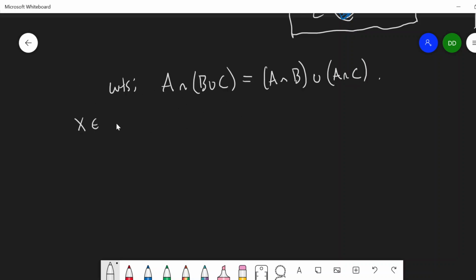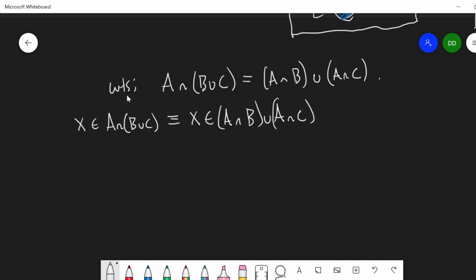I want to show that if X is in A intersect B union C, that this statement is equivalent to X being in A intersect B union A intersect C. So I want to show this. So let's prove it. We'll start with the left-hand side, have a bunch of equivalences and eventually get to the right-hand side.